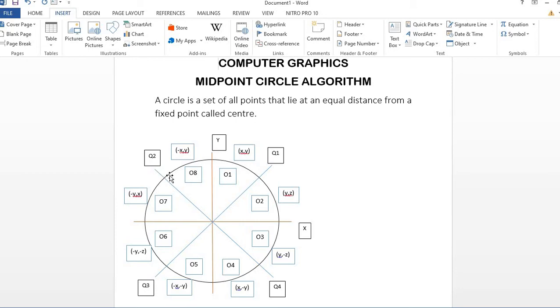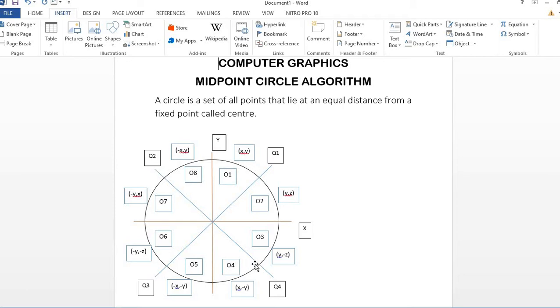If we are given one coordinate or plotted point, then with reflection through a particular axis and then the other axis, we get the other coordinates.